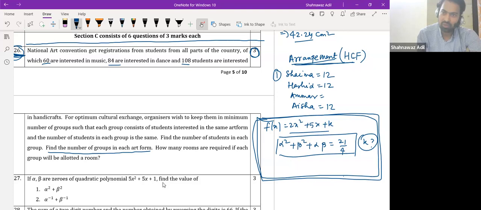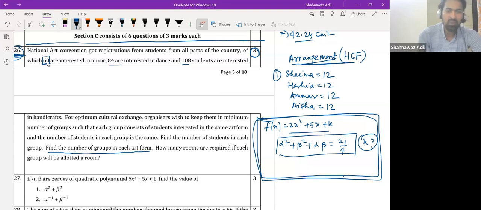So we have 12. Good. Now we see that we have to make a group of 12 students, right? So in total there are 60 students.